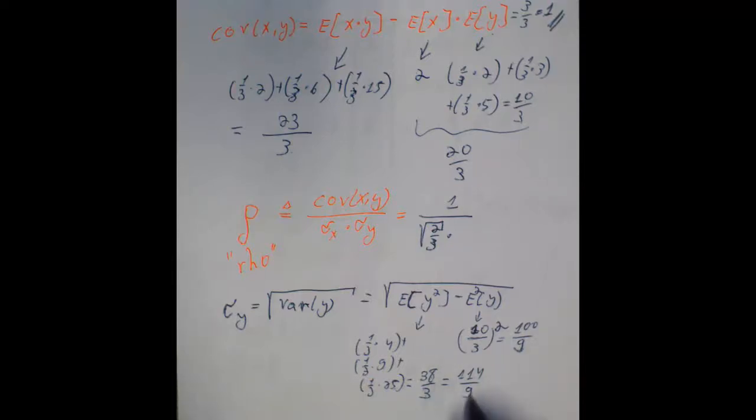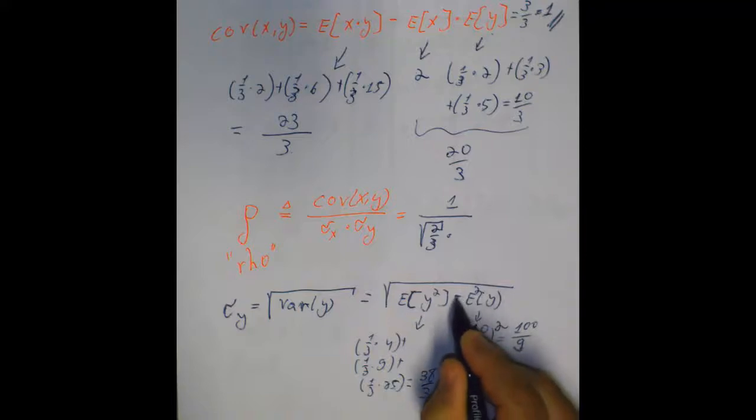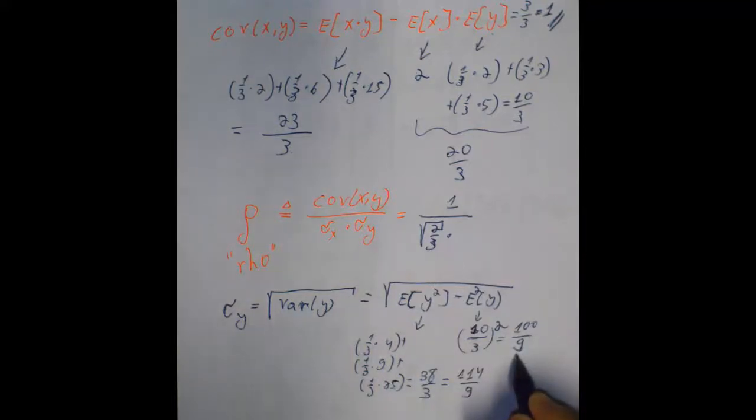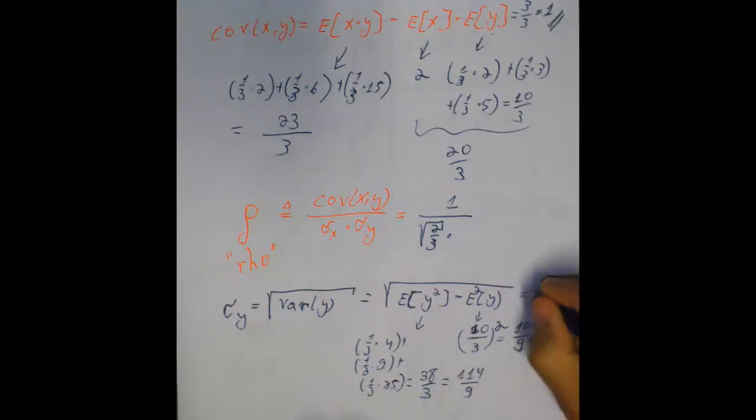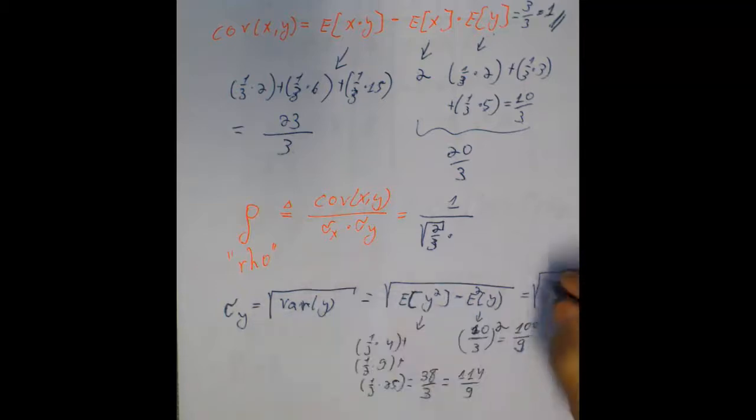So 3 times 3 is 9, 38 times 3 is 114. Finally, 114 divided by 9 minus 100 divided by 9, what you get here, this minus that, is 14 divided by 9. So altogether, standard deviation of y is the square root of 14 divided by 9.